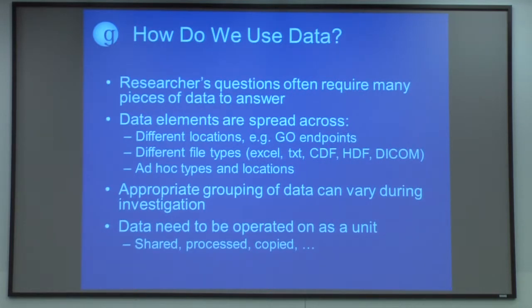Invariably, when we use data in the context of scientific discovery or research, multiple pieces of data go into answering whatever question we're answering. Once we introduce the idea that we're dealing with lots of different pieces of data, the next thing that comes up is: what is that data, and where is that data?